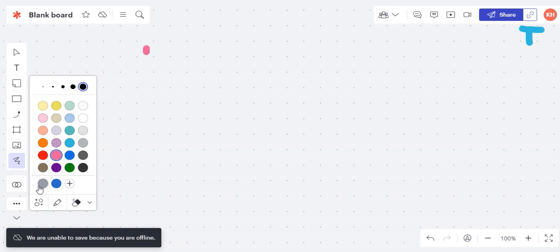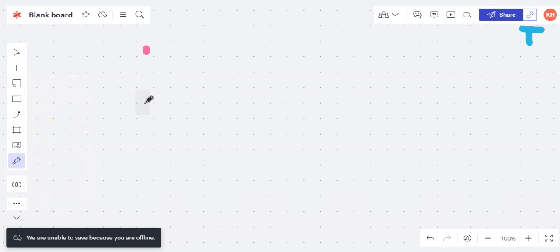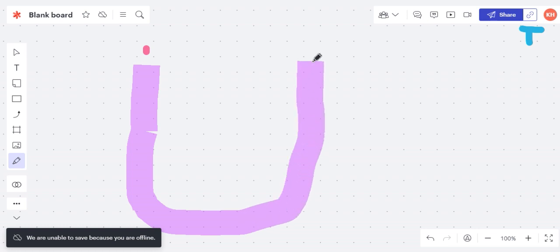Okay, I've got it. Let's take this color, it's lilac. This is basically a U. I'm just trying to make it perfect. Nice attempt. Okay, one more, something like this.